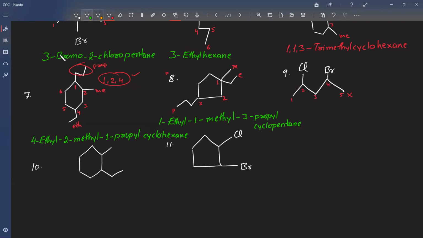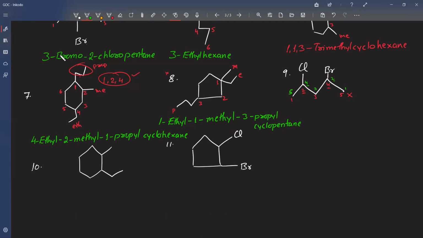Because in both the ways you will get 2 and 4. If you start giving them numbers in the opposite direction, 1, 2, 3, 4, in both the schemes the substituents are at position 2 and 4. So you have to break the tie.